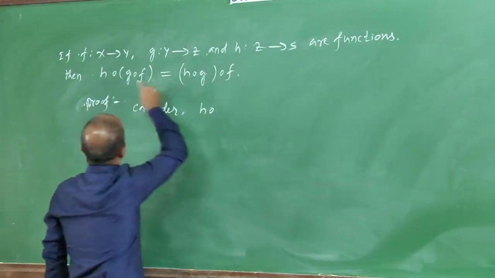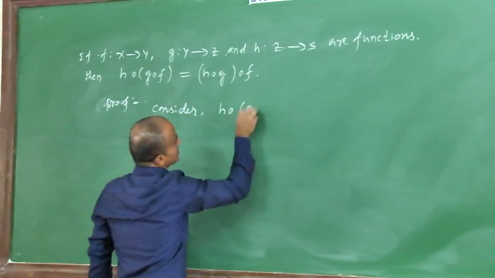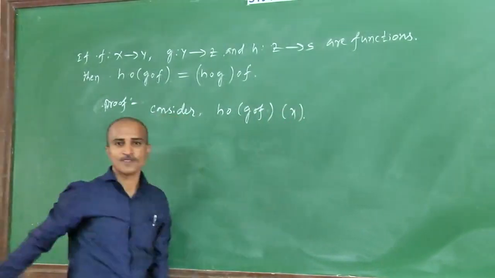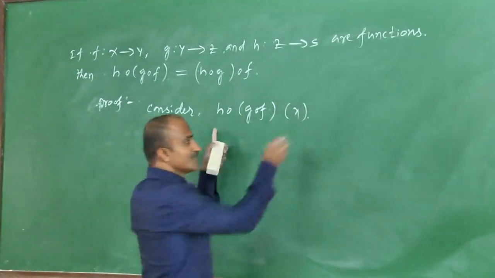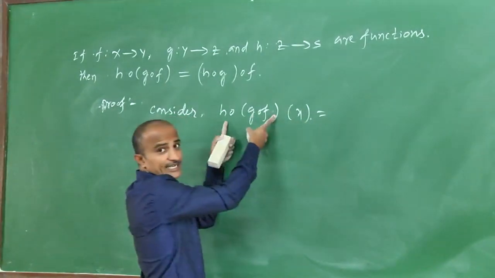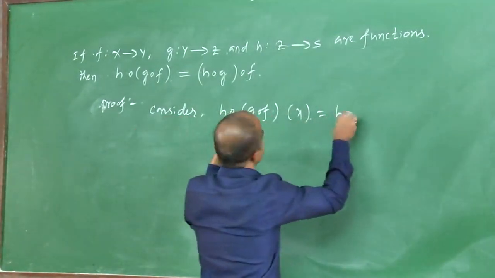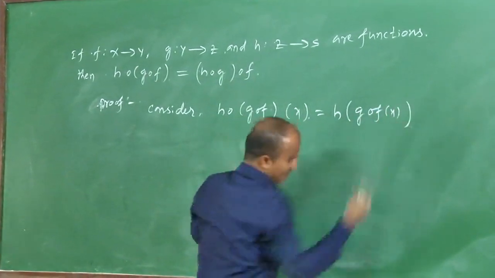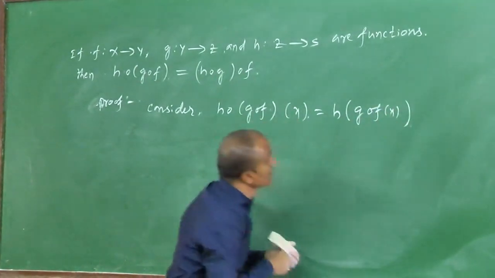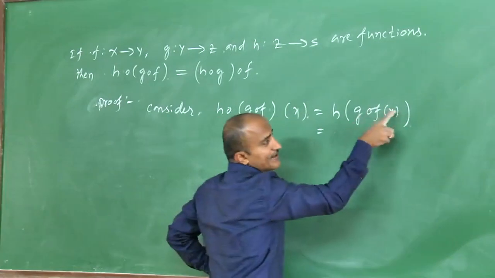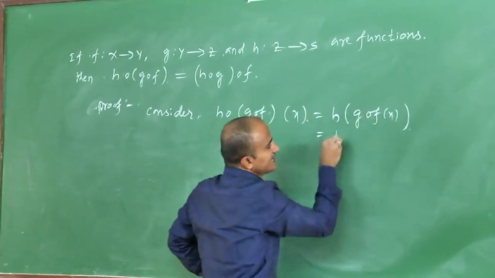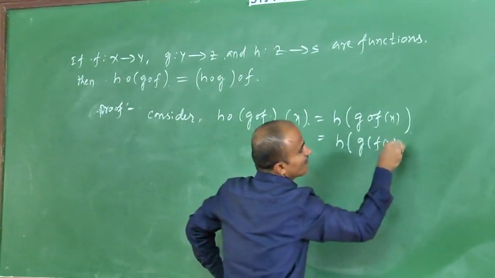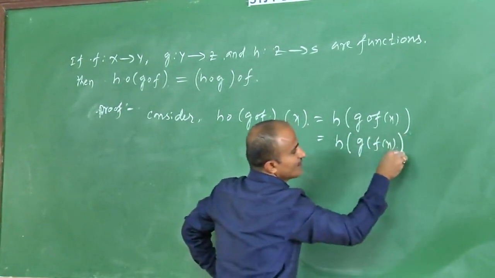Consider h composition of gof of x. By the definition of composition function, it is written as h composition of g of f of x, and again by the definition of composition of function, it is written as h of g of f of x.